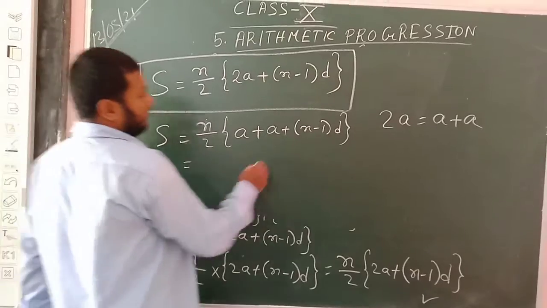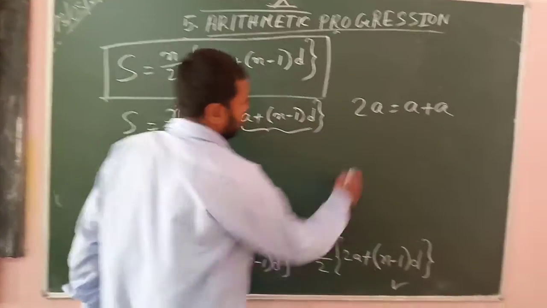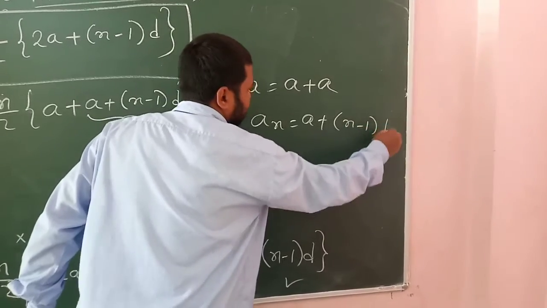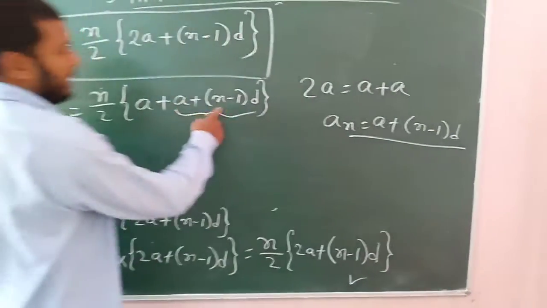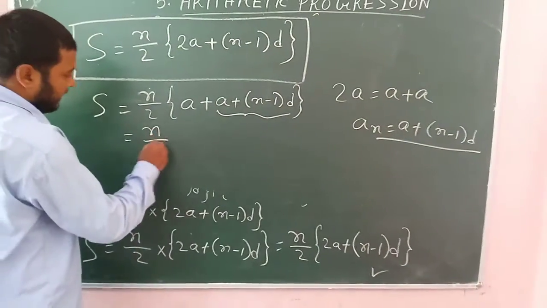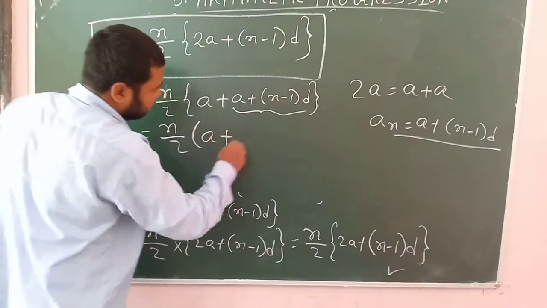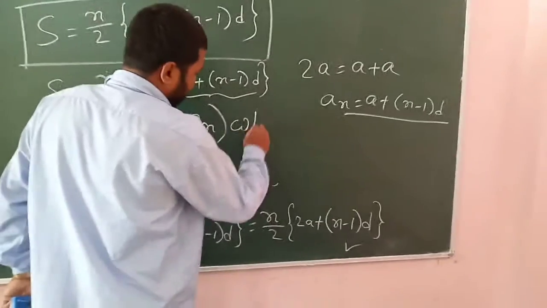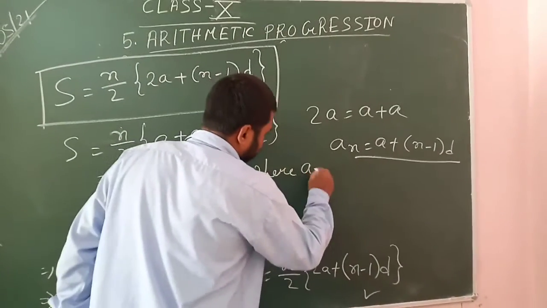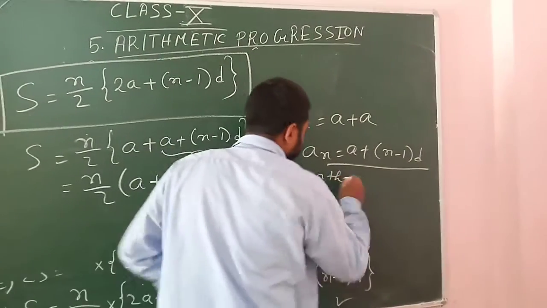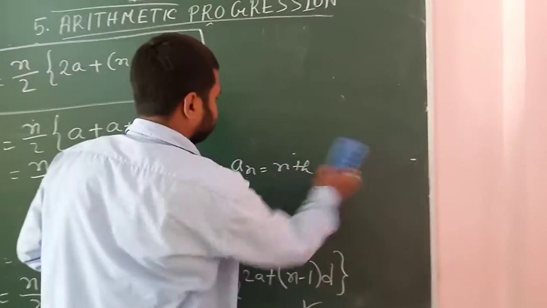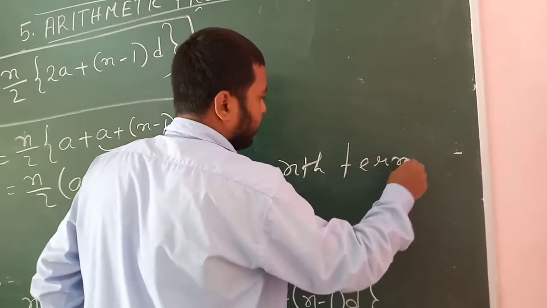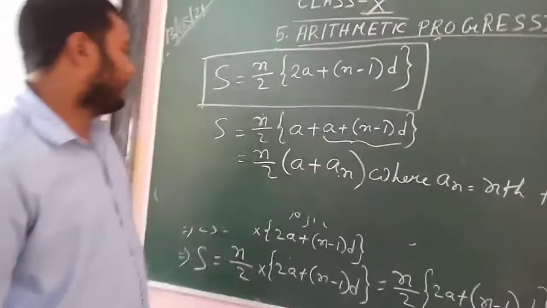So this thing you see, this one is a plus n minus 1 d. So in place of a plus n minus 1 d, we can write an, where an is the nth term.